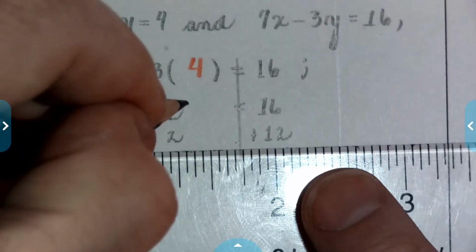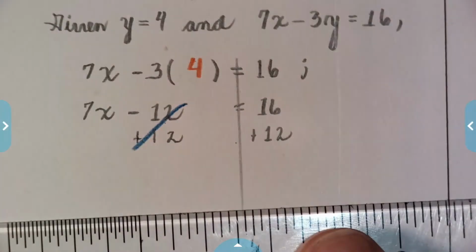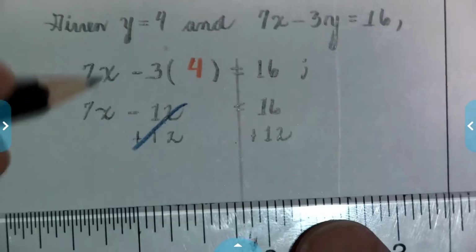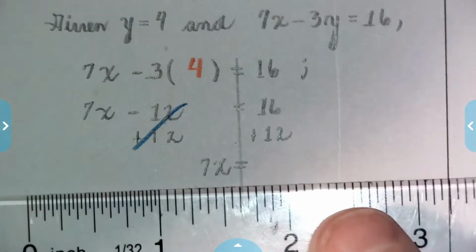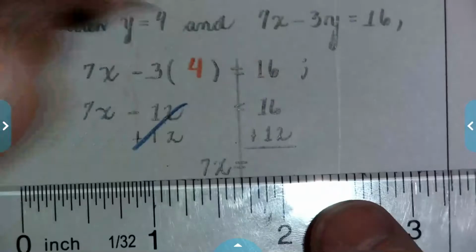Over here I get to cancel out the 12s, and 7x comes down here. 7x equals whatever the sum of 16 and 12 is, and that's going to be 28.